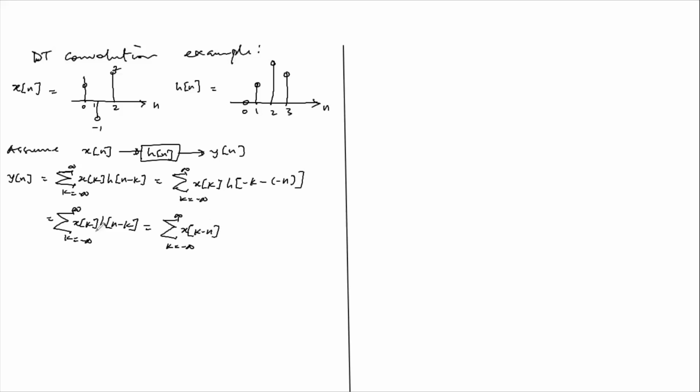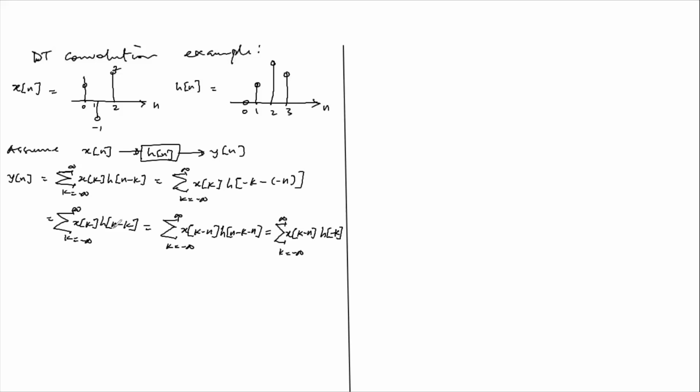Let's assume we subtract n from both the scaled and shifted component, then this will be the same as h of n minus k minus n, isn't it? So minus n here, minus n. So this is going to give us something that looks like this: infinity to infinity, x of k minus n, h, so n minus n, so that leaves us with minus k. Just about the same thing.